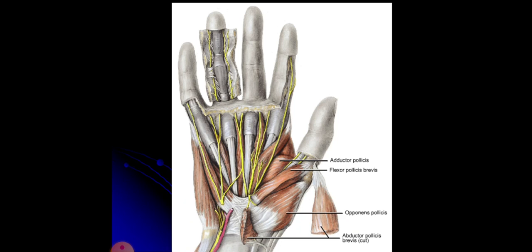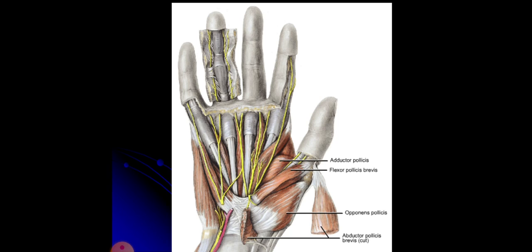So the thenar muscles include abductor pollicis brevis, flexor pollicis brevis, opponens pollicis, and adductor pollicis. This one is abductor pollicis brevis. This one is flexor pollicis brevis. This one is opponens pollicis, and this one is adductor pollicis.